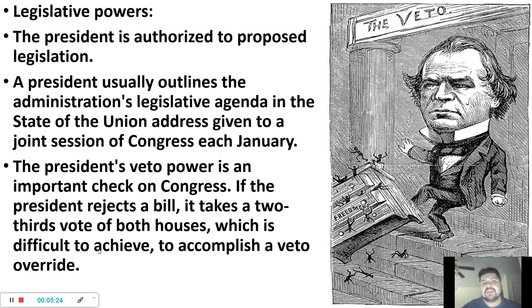The other power that the president has comes in the form of legislation. Now, the president usually outlines what the country should be going for, what the country's goals should be, at the State of the Union address, which is just about every January, and it's held in a joint session of Congress.